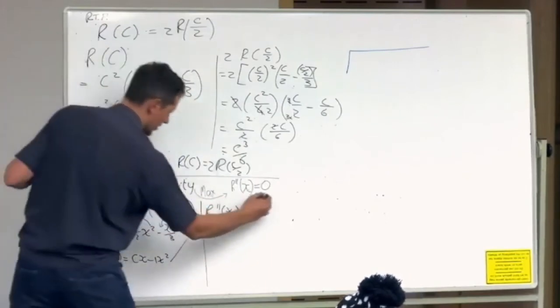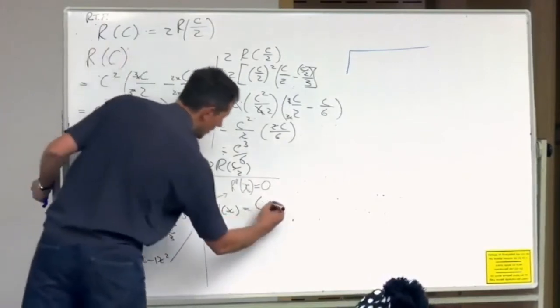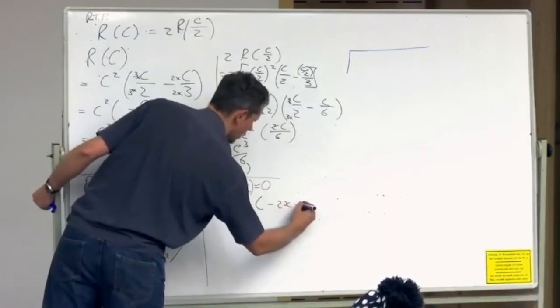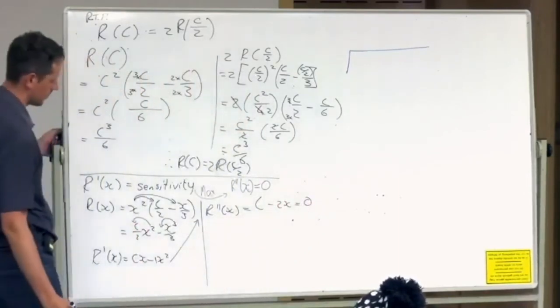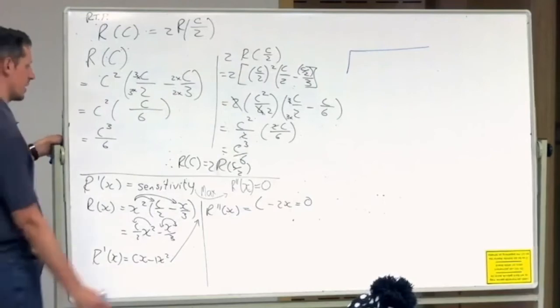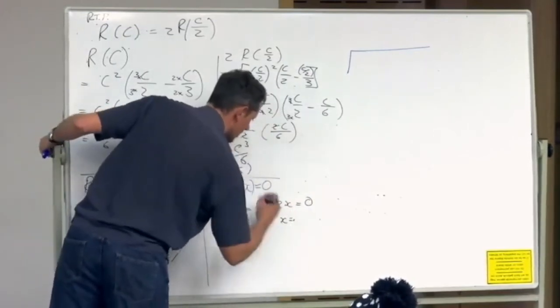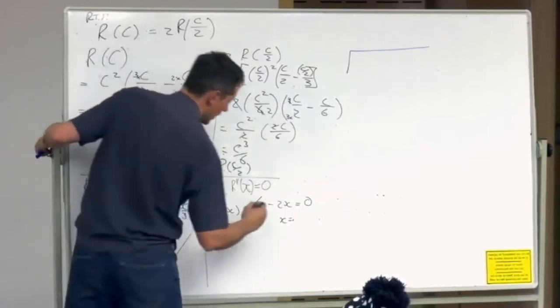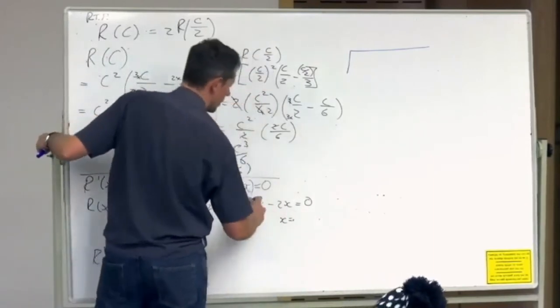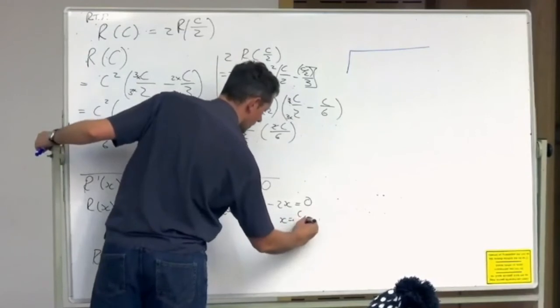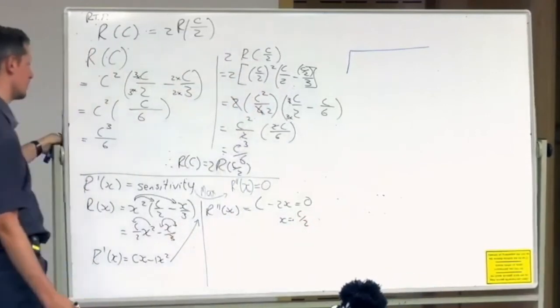So this is just C minus 2x equal to 0, because it's at a maximum. So x is going to give me C over 2.